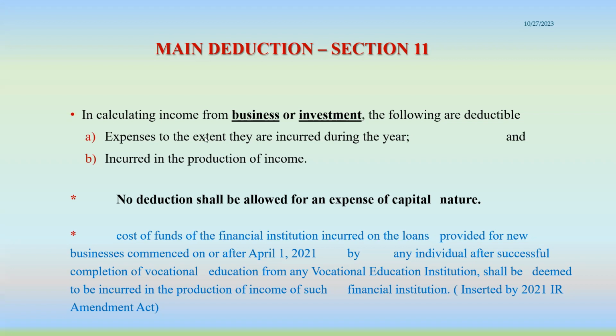That means expenses to the extent they are incurred during the year of assessment and incurred in the production of income. That means we can deduct only the expenses if they are incurred during the year and incurred in the production of income.